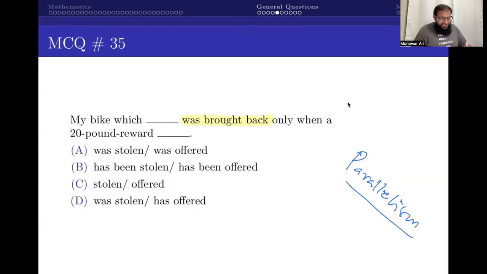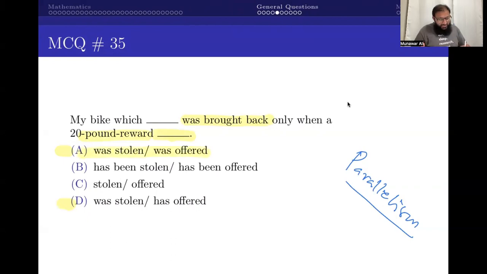So the correct option is either A or D, because in both of these options, the first blank is was stolen. Only when a 20-pound reward, so it should be the same tense, like was stolen, was offered.